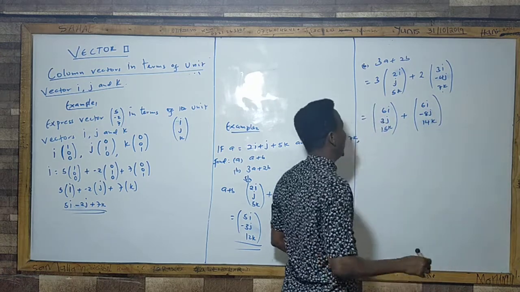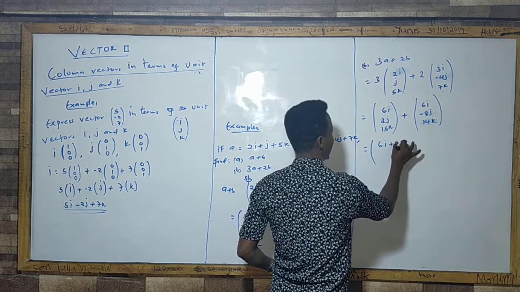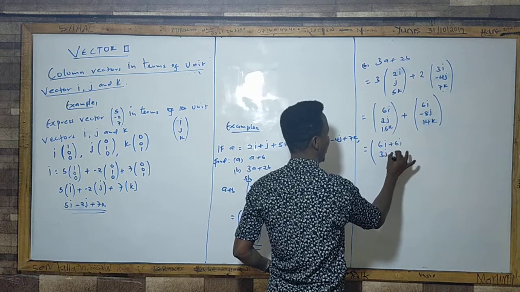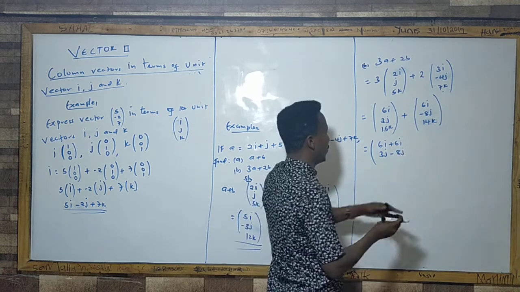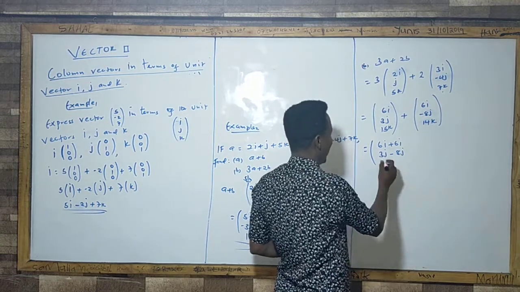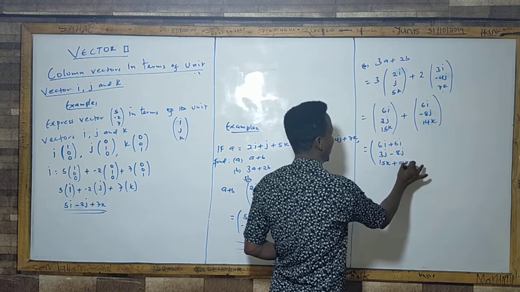So from here we can say 6i plus another 6i. Down here we'll have 3j minus 8j. Because we have plus and minus, it will be minus. Then we will have 15k plus 14k.